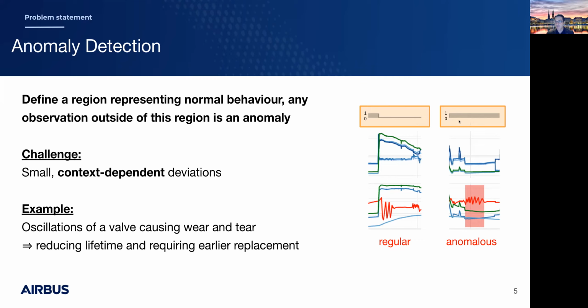While here, nothing is happening, but the system starts to oscillate without any input from outside. So this is an anomaly. So the same pattern can be anomalous or regular depending on the context of other variables. This is called context-dependent deviations, and they are very hard to understand. And what this means here, this is actually an oscillation.